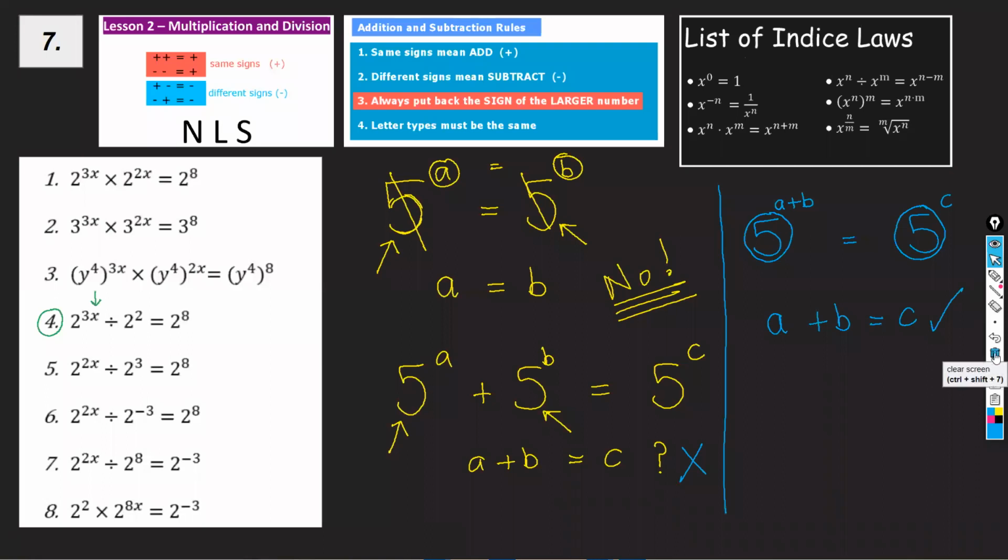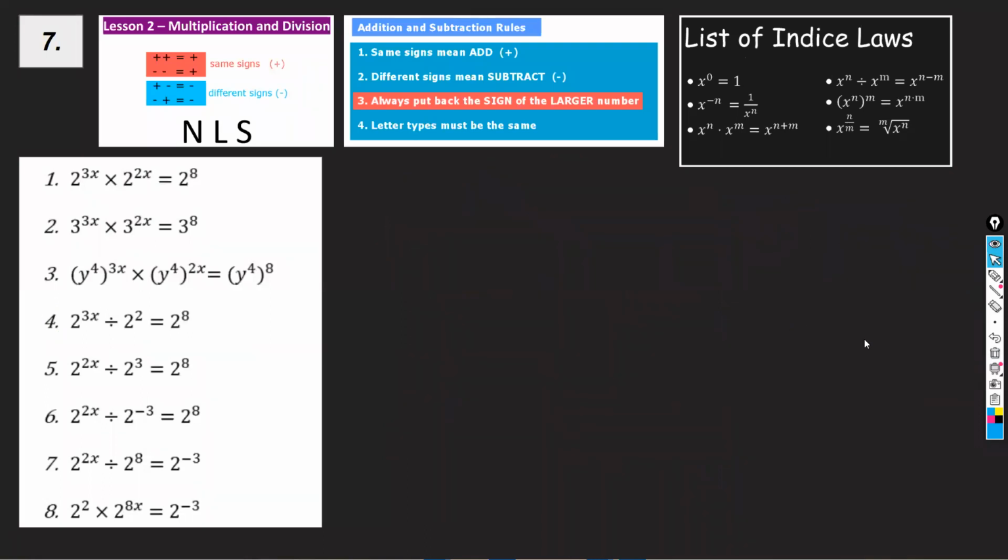All right, so let's get started with question 4, the question that I really wanted to do. So in this question, we want to solve for x. So we have 2 to the power 3x divided by 2 squared is equal to 2 to the power 8.